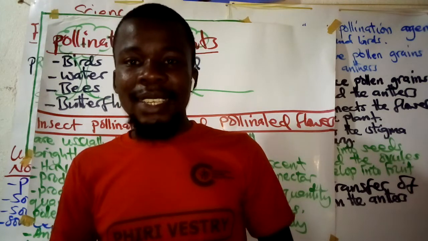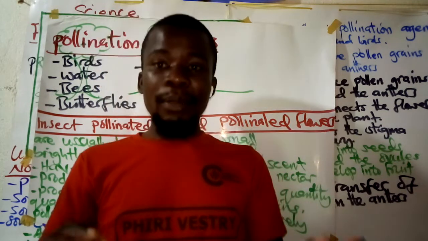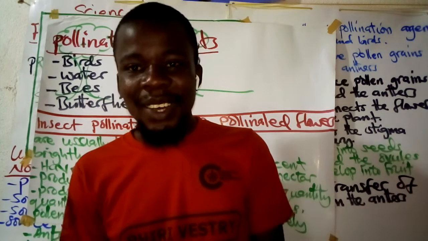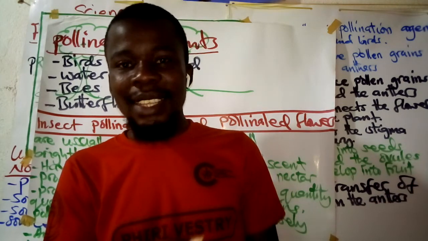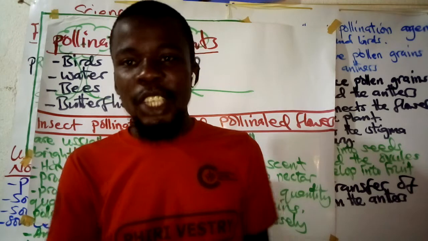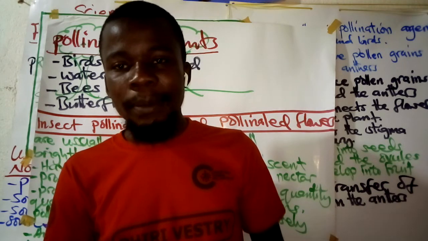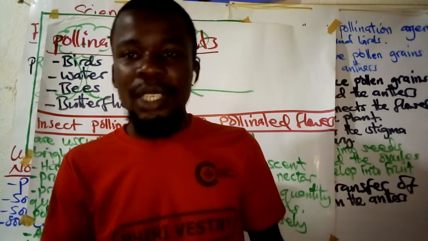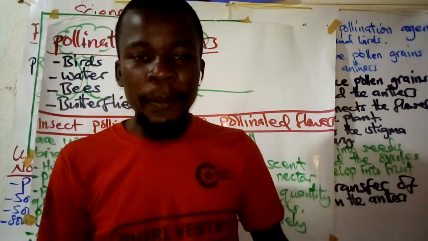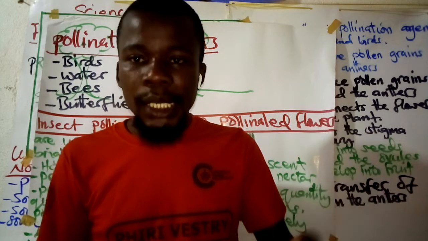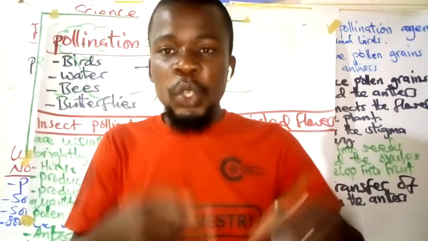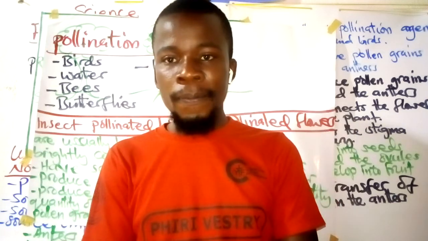We have discussed the examples of flowering plants: tomatoes, mangoes, pawpaw. While on the other hand, we have discussed the examples of the non-flowering plants: lichens, pine tree, liverworts, moss, algae, mushroom. All right, those are the examples of the non-flowering plants, the plants which do not produce flowers.